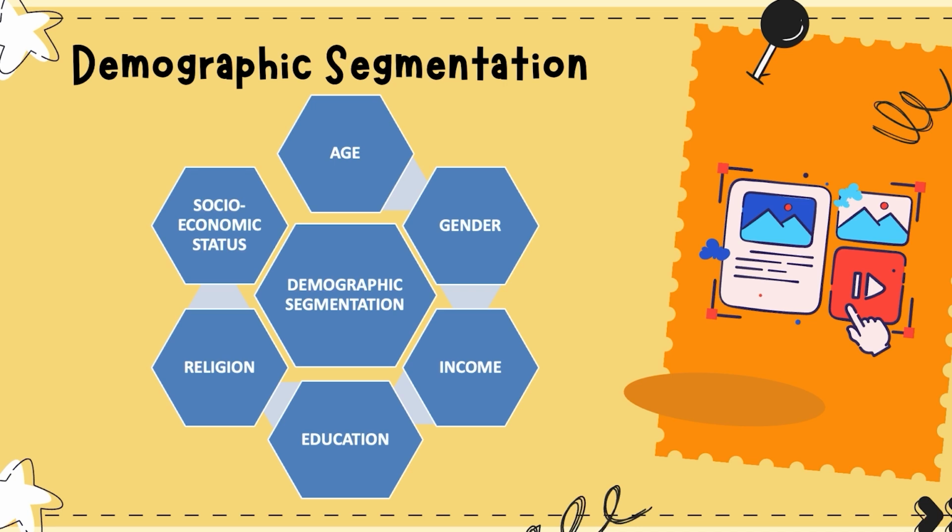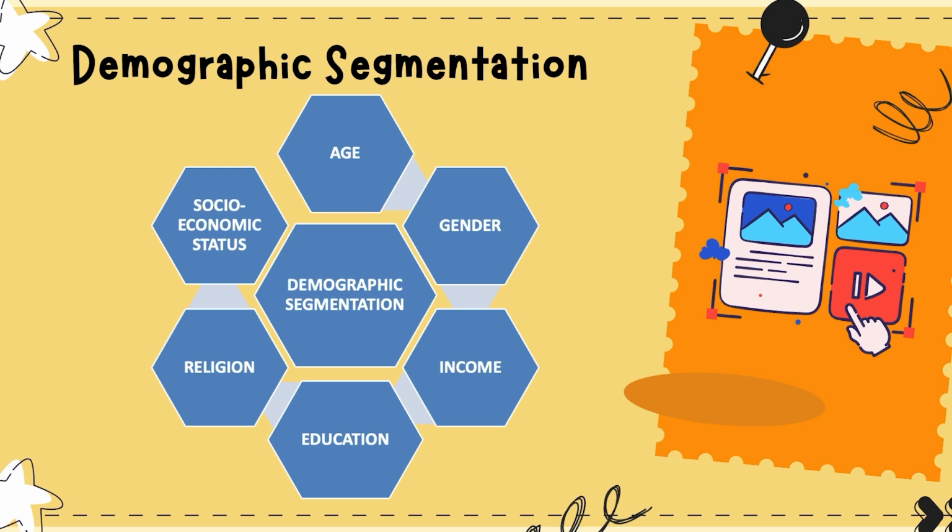Now in demography, as we already covered in our macro environmental factors, you remember module 3 where we talked about the macro and micro environment. Demography talks about the characteristics of the population, for example the age component of the population. So you may have a product which is based on the different age groups.